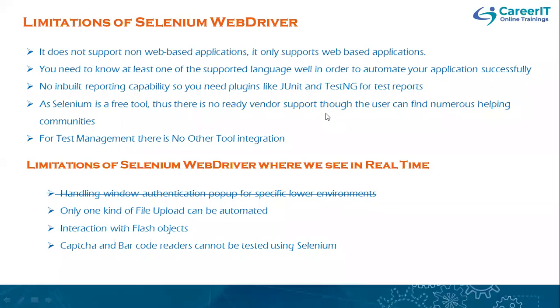That is one of the limitations we have in Selenium, but it is just a limitation. If you see nowadays, most of the applications being released to the market are web-based applications. 99% of the applications are web-based, because if it is a web-based application, it can reach anywhere.